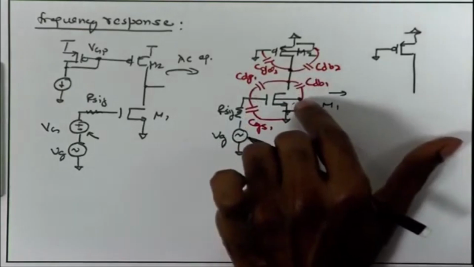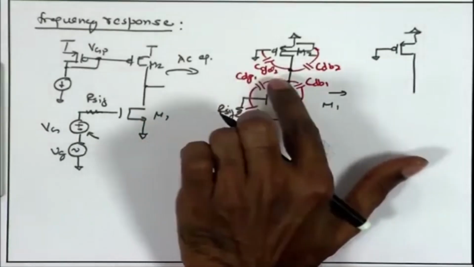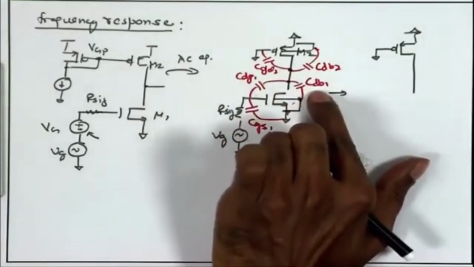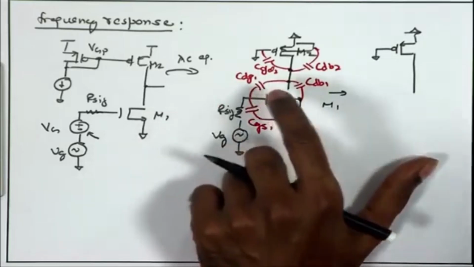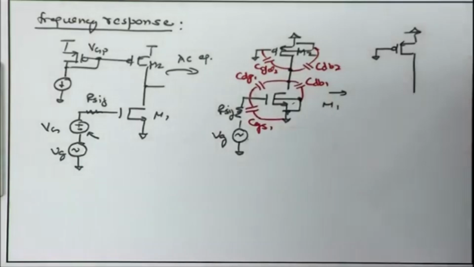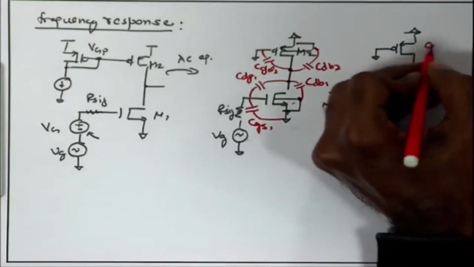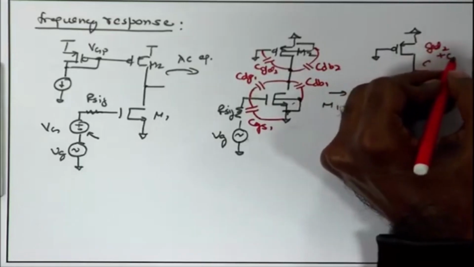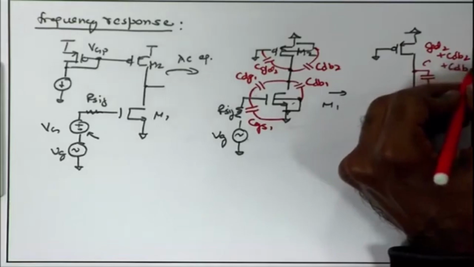Likewise, I have the CDB1 appearing between this node and AC ground. So, what we can say is CGD2 plus CDB2 plus CDB1 is the effective small signal capacitance between this node and AC ground. So, I can write this as the total combined value CGD2 plus CDB2 plus CDB1.